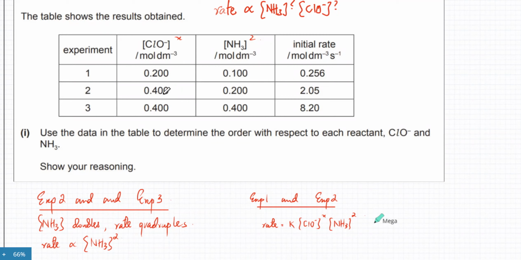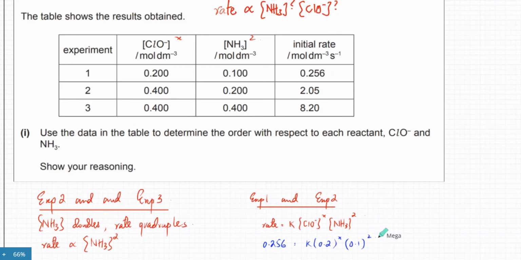So what I'm going to do is, कि मैं बारी-बारी experiments 1 and 2, I'm going to substitute both values here. So if I substitute both values, let's say experiment 1. Experiment 1, the rate is 0.256. So 0.256 is equal to K, and ClO minus 1 concentration is 0.2, यहाँ पे, to the power X. And NH3 concentration is 0.1. और इसकी power क्या है? इसकी power हमें पता है, it's 2, right?